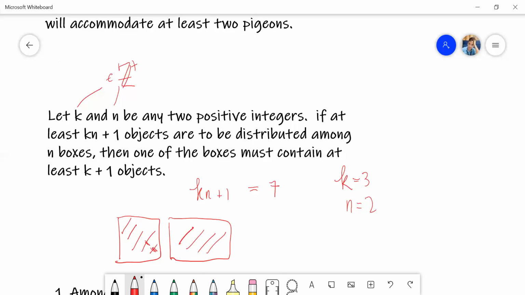So there's still one box that contains at least 4 objects. That's the idea of our claim: if you have at least kn plus 1 objects that are to be placed into n boxes, then one of the boxes must contain at least k plus 1.